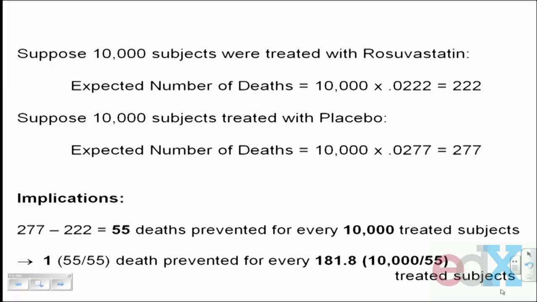Well, what I could do is take this equation and divide the 55 by the number 55, and also divide the 10,000 by the number 55. And this bottom statement tells me that one death would be saved, prevented, by treating 10,000 divided by 55. Turns out to be by treating 181 or 182 people.